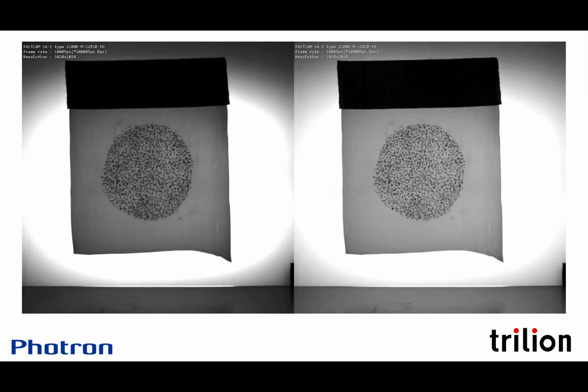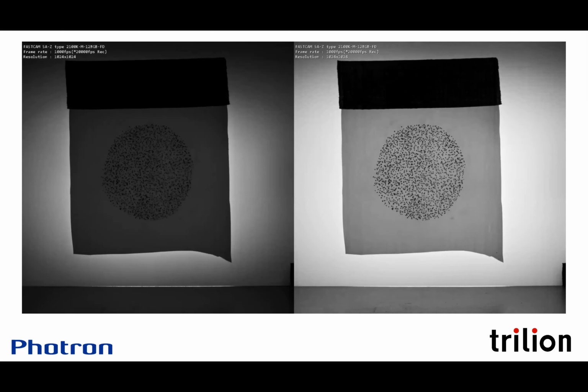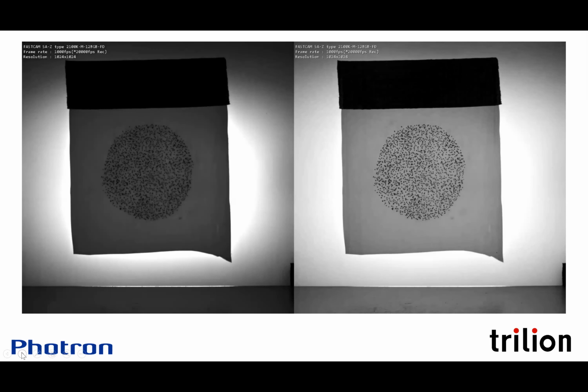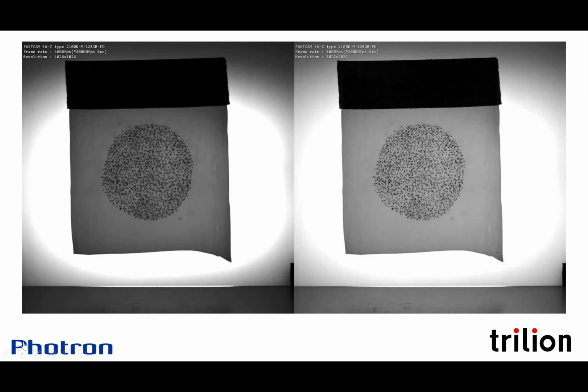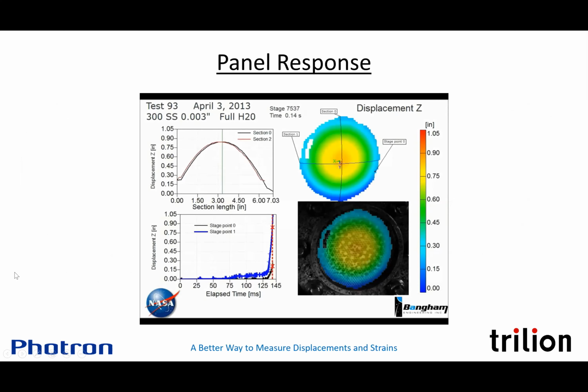Well, this HDR can pull up the data out of those dark areas without blowing out the areas that were properly illuminated. So it's a very nice feature that we have both in PFV3, our older software, as well as a better algorithm now in the PFV4.